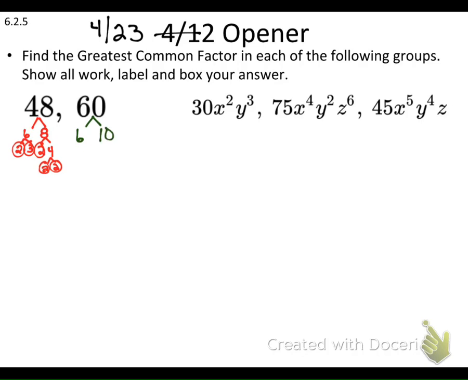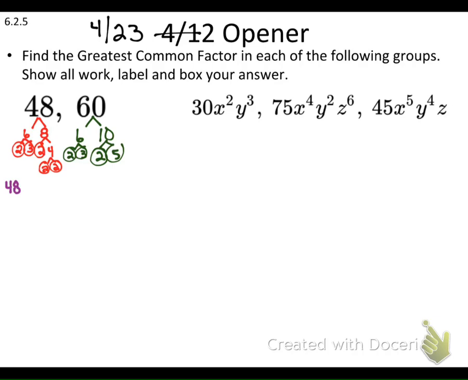Okay, and then for 6, we already know it's 2 and 3. And then what are my factors for 10? 2 and 5. Okay? After I factor them, I come down and I write each term.